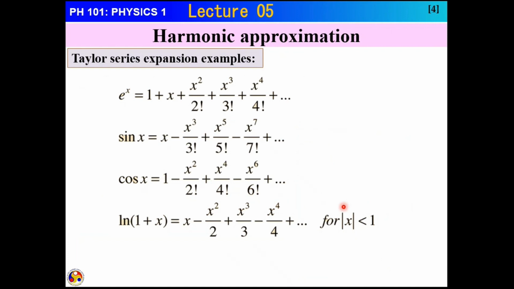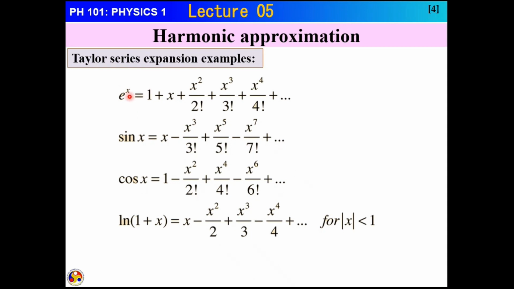The Taylor series, you might be hearing the word for the first time, but I'm sure that you have used this kind of expansion in 10+2 many times. For example, you have used the expansion of e to the power x like this, sine x like this, cos x like this, and so on, which is basically an expansion around x equal to 0.